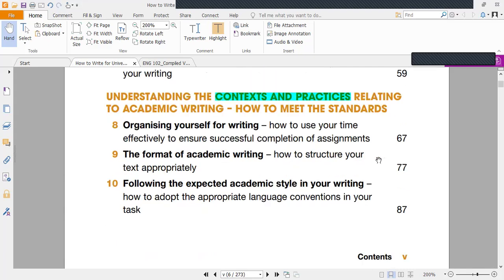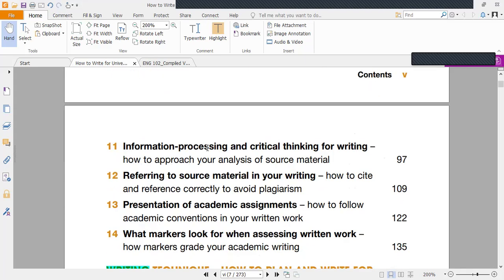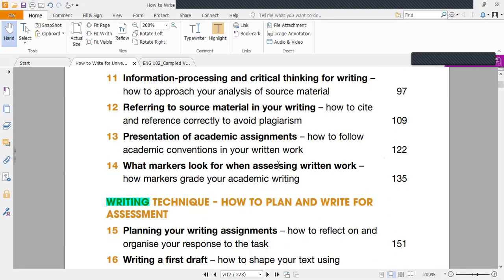And the subheadings under this section are organizing yourself for writing, the format of academic writing, following the expected academic style in your writing, information processing and critical thinking for writing, referring to source material in your writing, presentation of academic assignments, what markers look for when assessing written work.